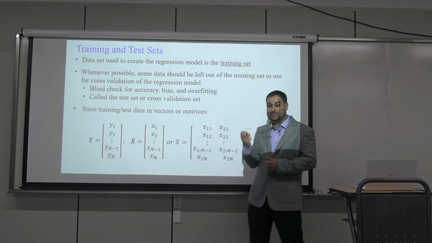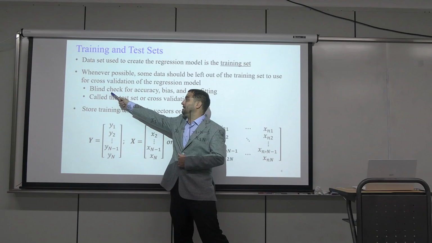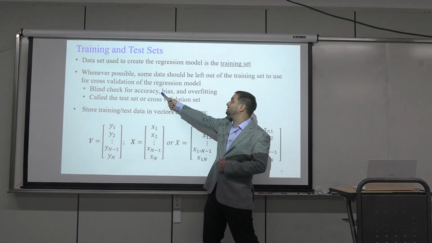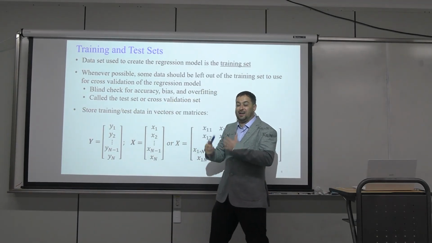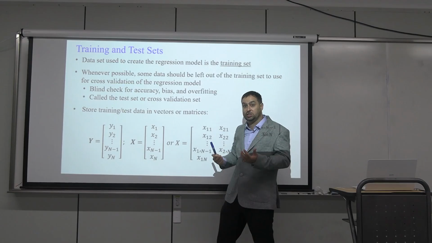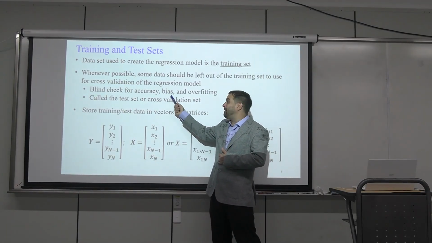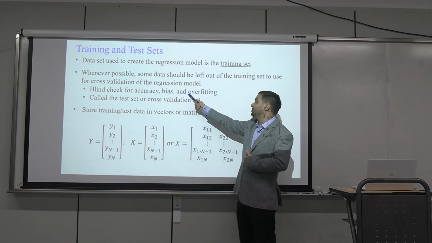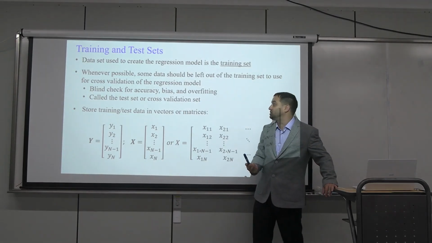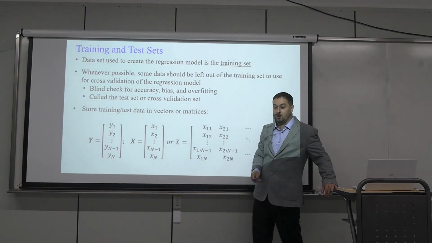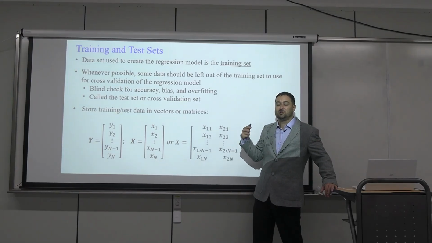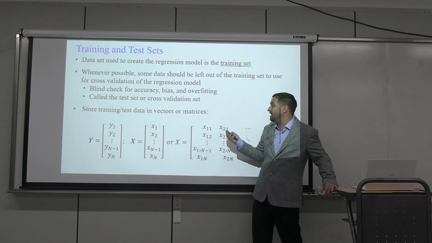And by leaving some of the data out, this provides a blind check for the accuracy of the model, which we want to be accurate to make predictions. But also we want to identify, is there any bias in our regression model? And also there's a major issue with regression called overfitting, where there's too much flexibility in the model and it fits to the random noise of the collected data.